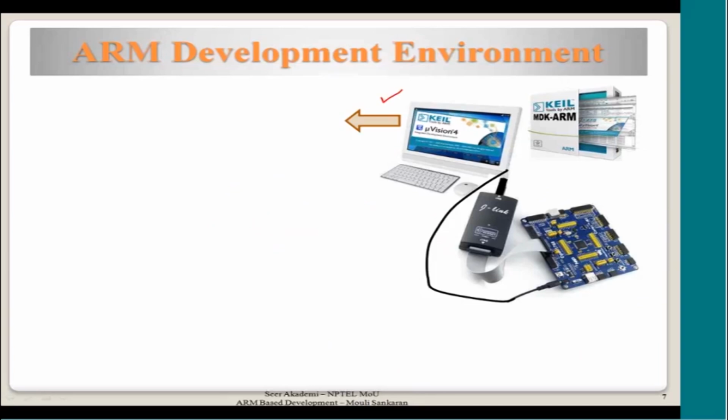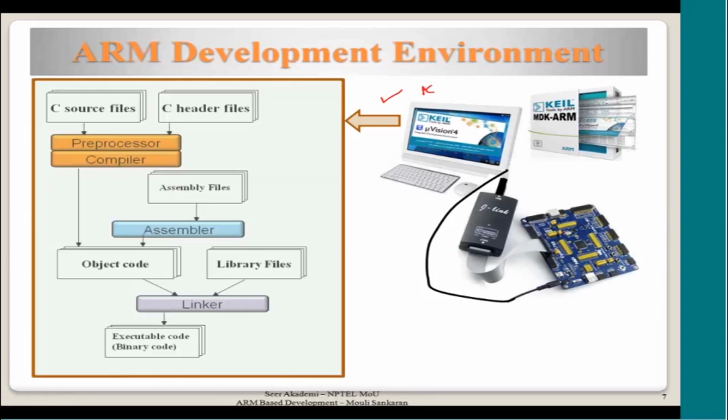So what are the tools used in the PC? This is a typical scenario which I showed in the beginning of the lecture. So C source files, you can even consider it as C++ or any other source, but accordingly the tools will change.